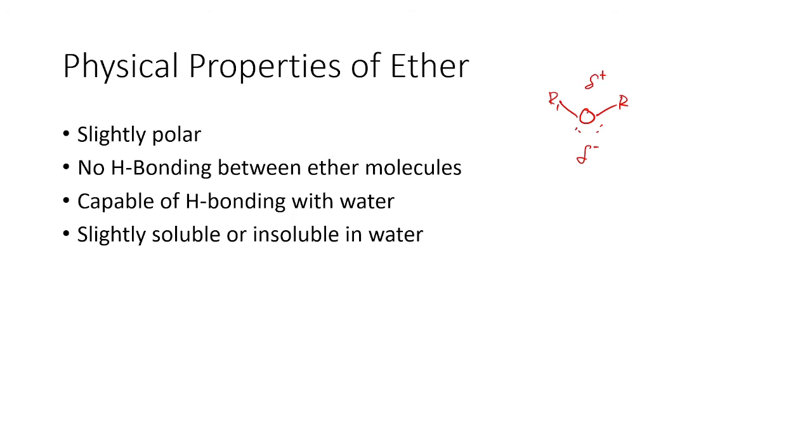So for example, let's take functional isomers na ito. So we have here our ethoxyethane and our alcohol here, our butanol. As you may notice here, parehas actually sila ng chemical formula, wherein we have C4H10O, and ganoon din para dito sa ating alcohol, ano.